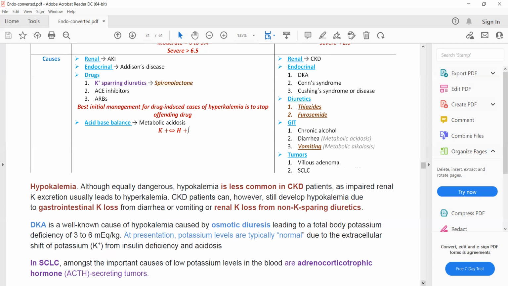So this was a brief description about the causes of hyperkalemia and hypokalemia. To remember these causes, you need to remember aldosterone and the function of aldosterone. Then you will never forget what causes hypokalemia and what causes hyperkalemia.